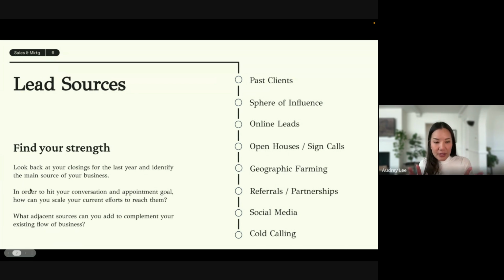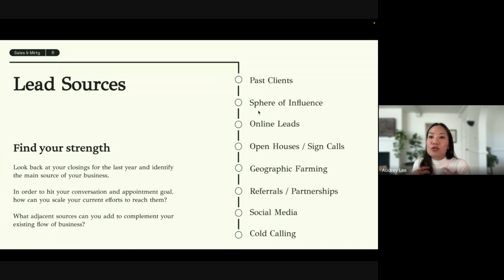So having a look at where all of your past transactions came from, which seems to be referrals, you can then see where you need to lean in to generate more opportunities there, or find adjacent sources that can complement your existing flow of business. So if you're getting a lot of referrals, I'm going to say that's your sphere of influence that keeps giving them to you.